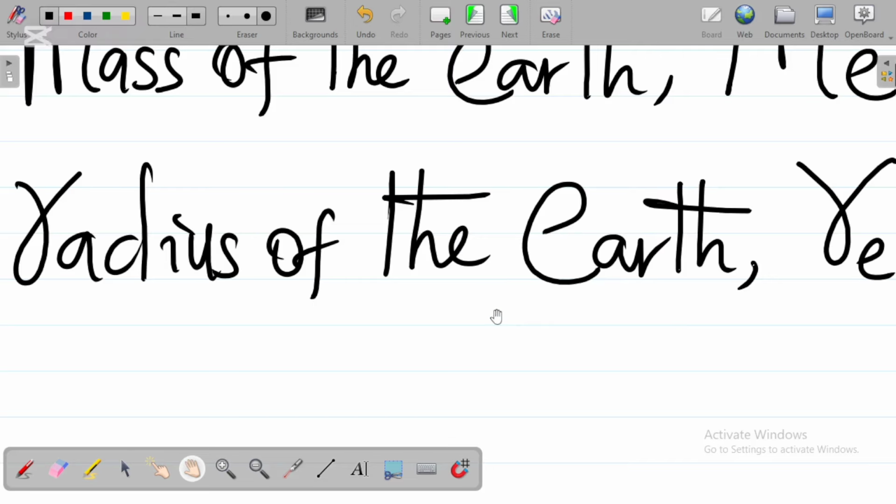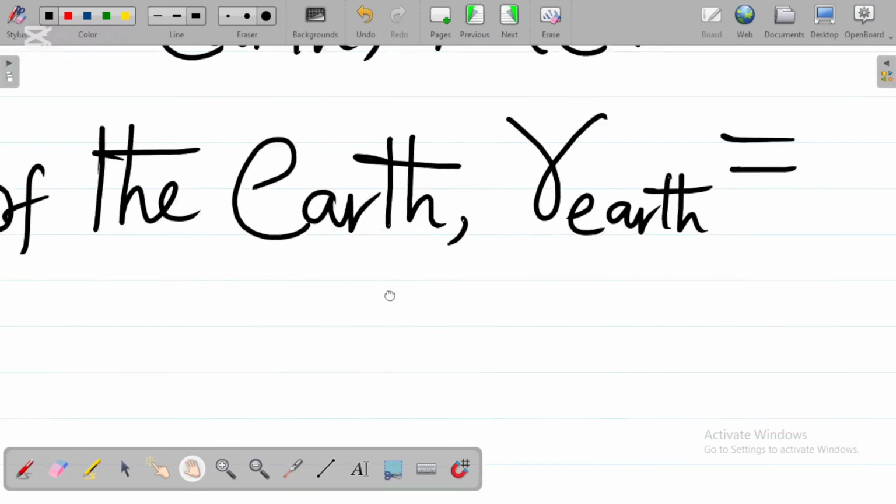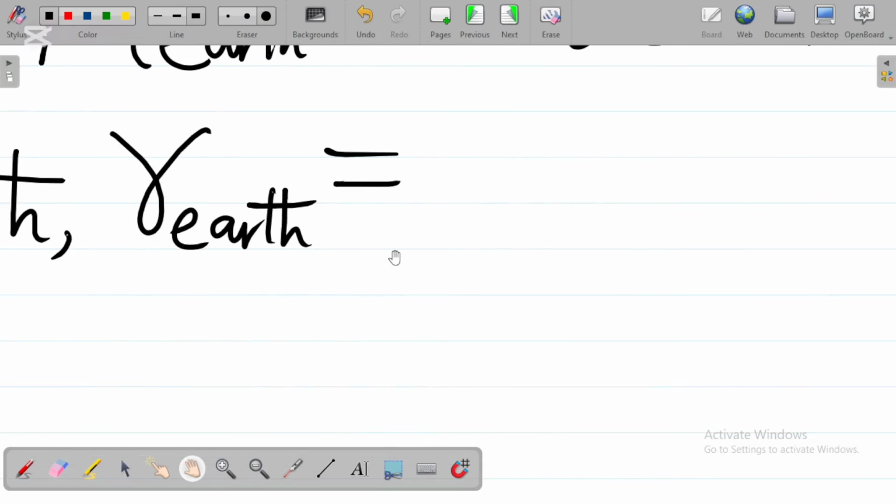So it's either you use the radius of the earth or distance from the center of the earth. So it is equal to what?